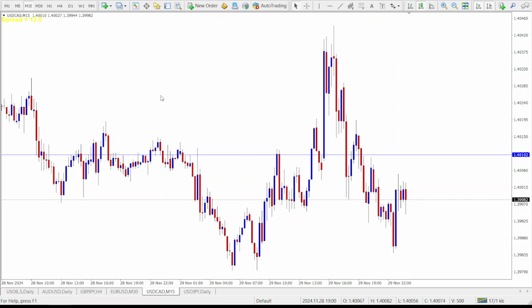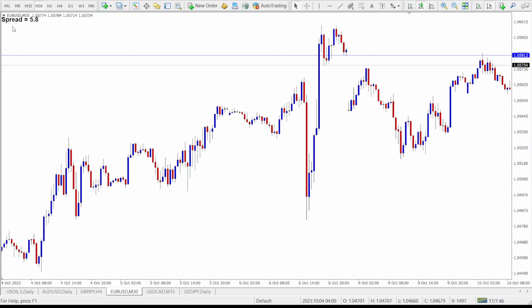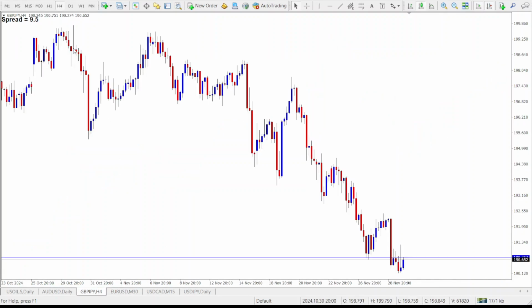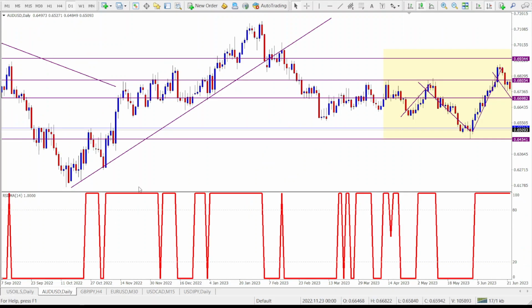As we can see, I am going to different currency pairs, and we can see each unique value indicated by the spread indicator. You can see the value for the USD CAD. This is that for the Euro USD. And this is that for GBP JPY.